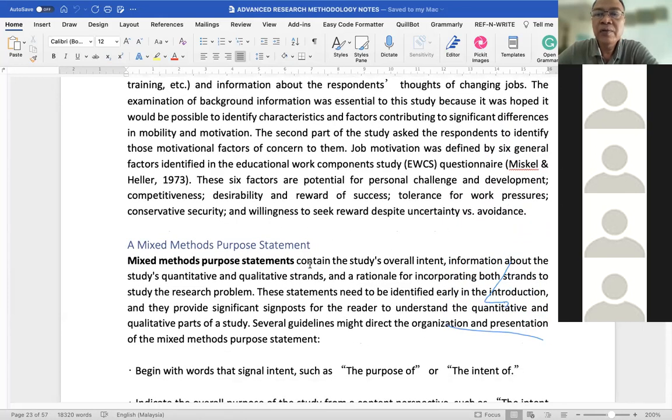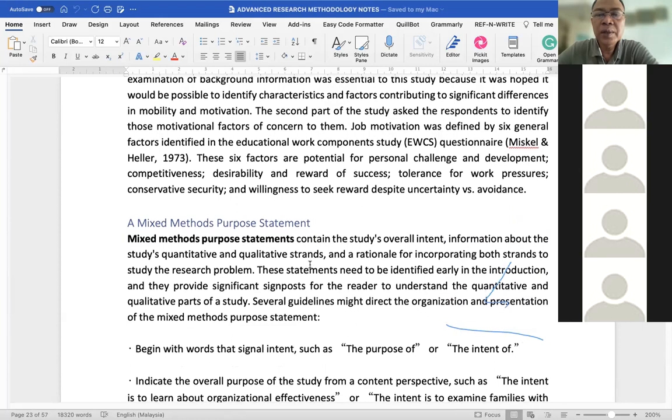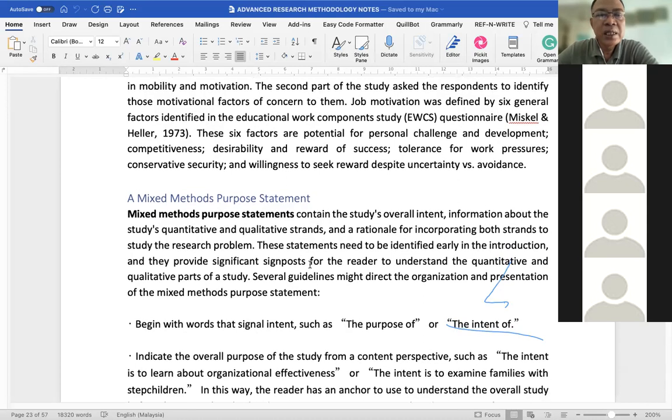Job motivation was defined by 6 general factors identified in the Educational Work Component Study, EWCS questionnaire. These 6 factors are potential for personal challenge and development, competitiveness, desirability and reward of success, tolerance for work pressures, conservative security, and willingness to seek reward despite uncertainty versus avoidance.